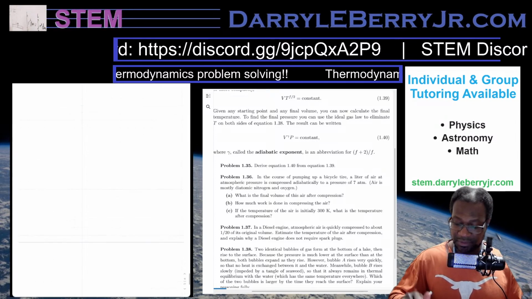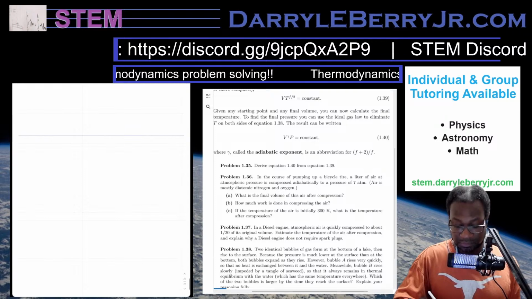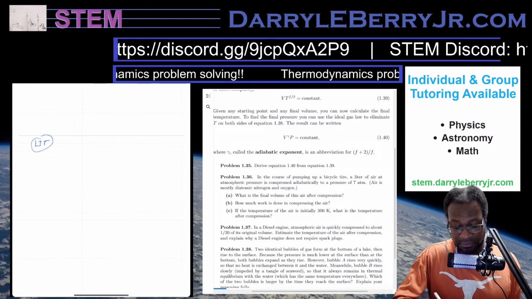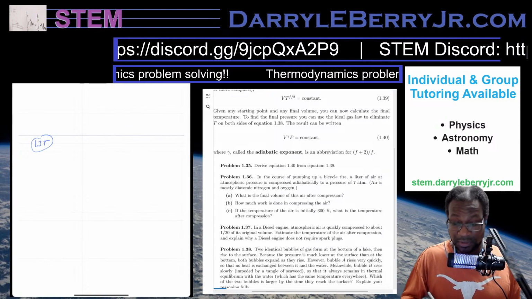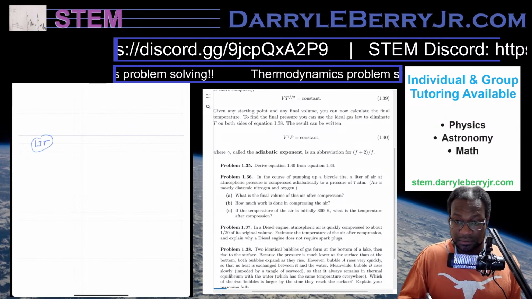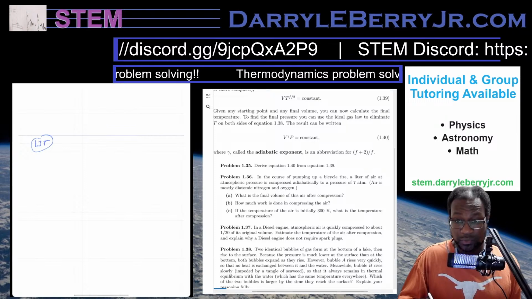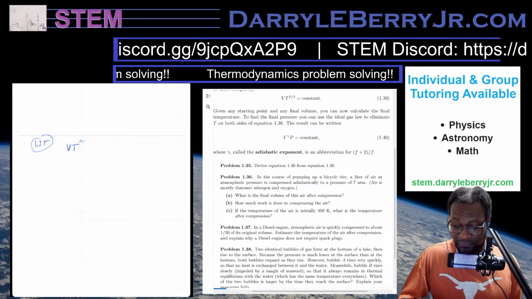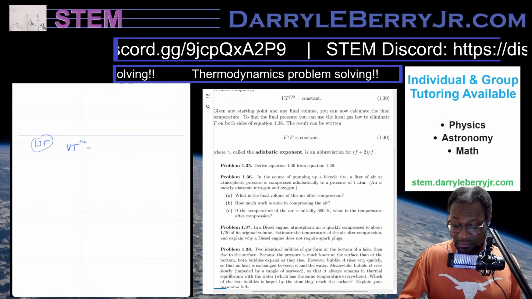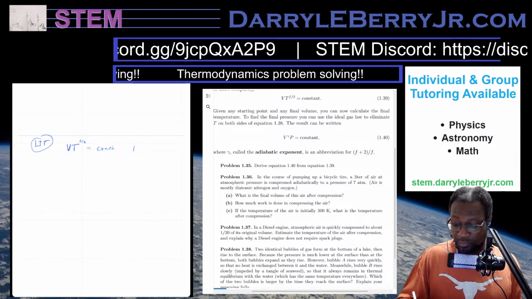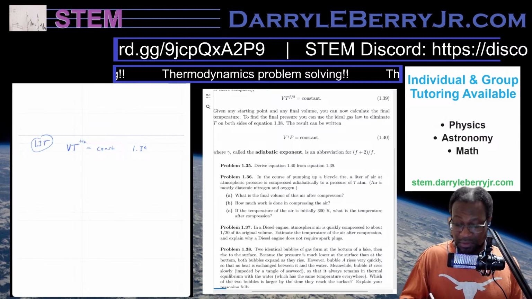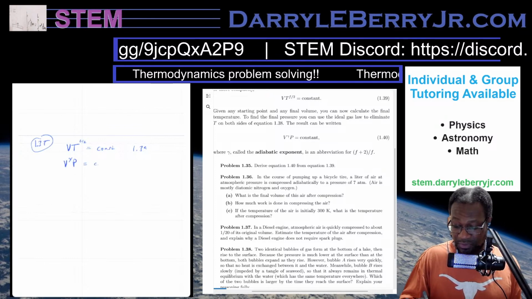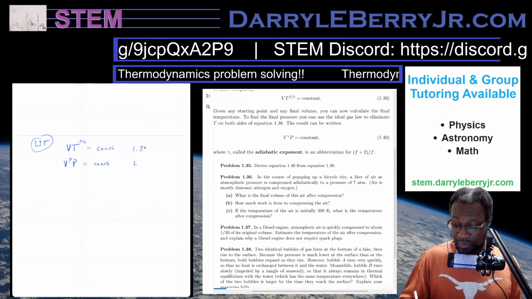So I definitely want to see what they did here. Equation 1.39 is V T^(f/2) equals constant, and V^gamma P equals constant.